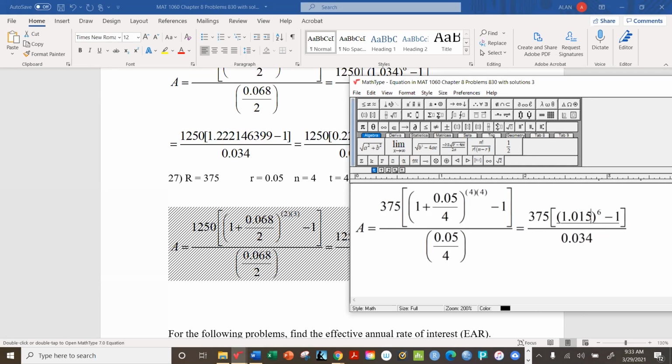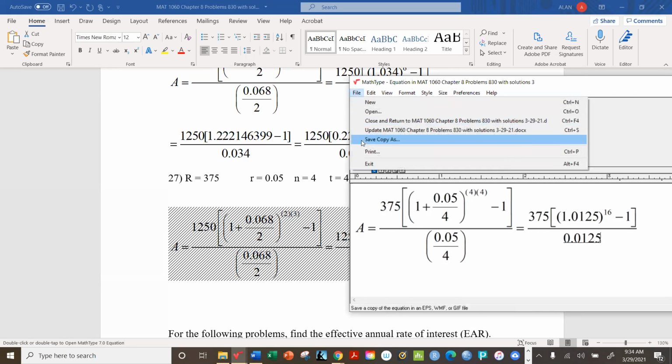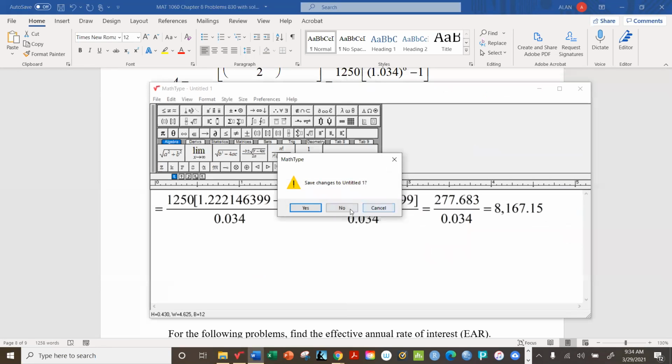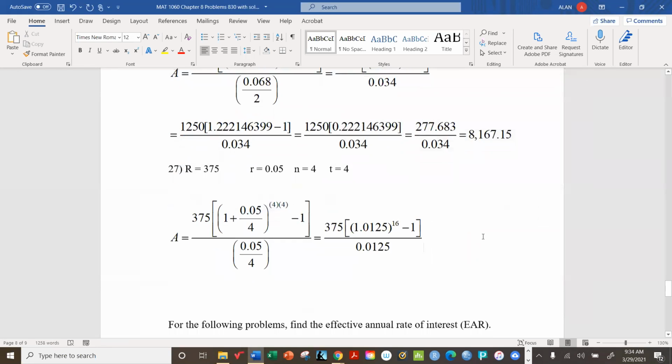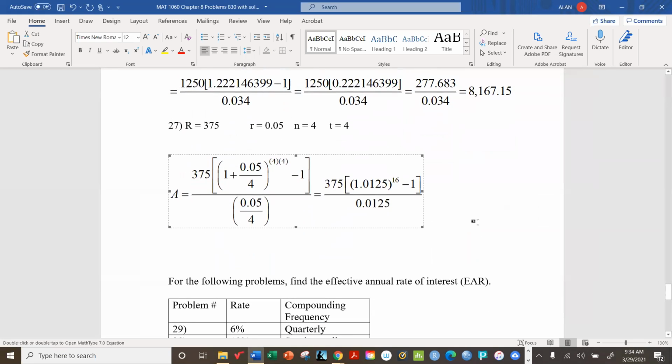Okay, so 0.05 divided by 4 is 0.0125, raised to the 16th power, and that's divided by 0.0125 again. All right, now we can just simplify it a little bit more.